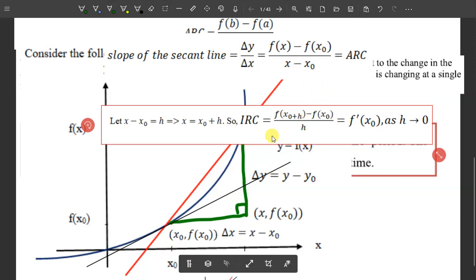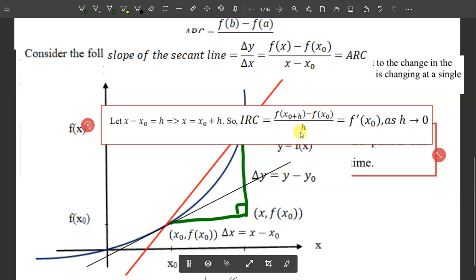And if the limit of f of x0 plus h minus f of x0 over h, as h approaches 0, exists, then this ratio as h approaches 0 is equal to the derivative of the function at x0. That is the definition of derivative.